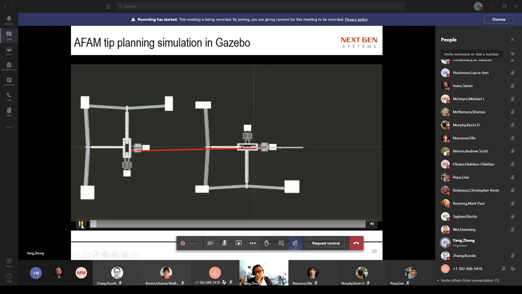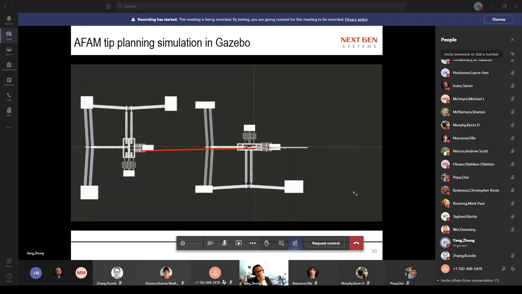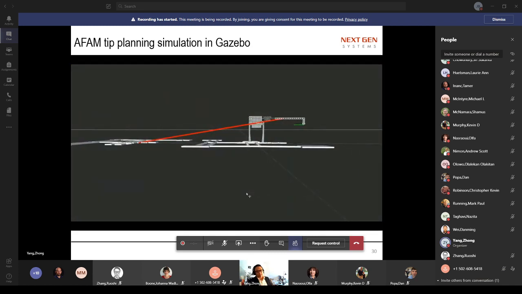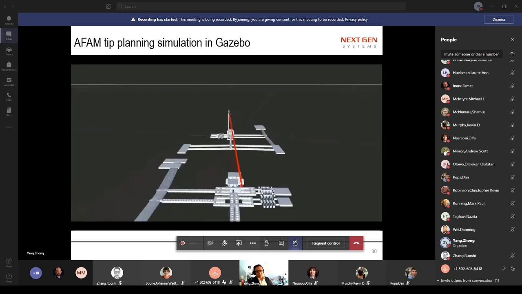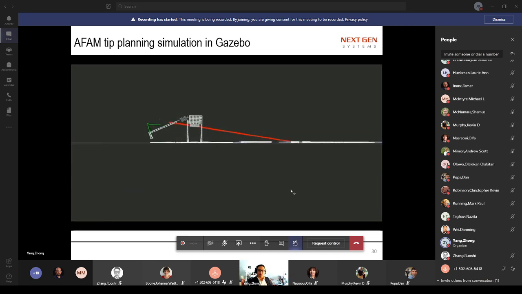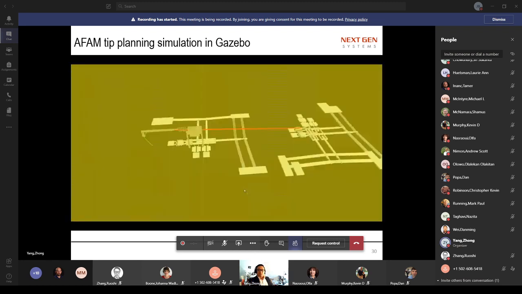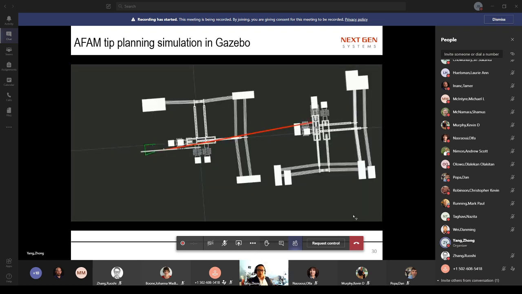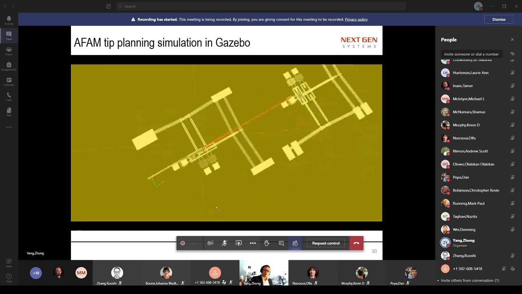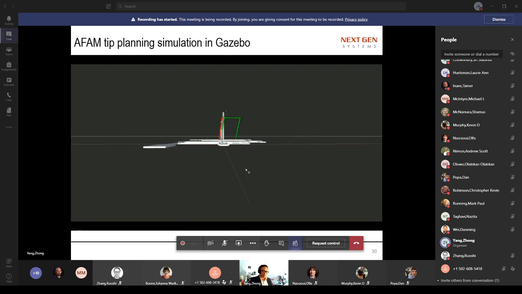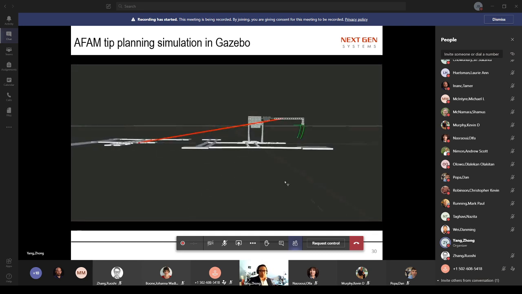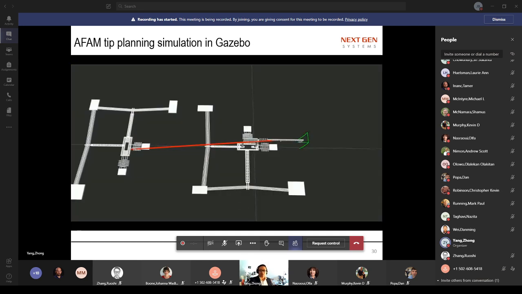Here is the animation from the software I developed in the ROS Gazebo environment with those numerical solvers. You can see how those micro stages move and finally how the tip moves. This is much larger than the actual motion. Normally, those micro stages cannot give such large motions. Normally it's 50 microns, 100 microns, something like that. Here it's just easier to show you the concept.